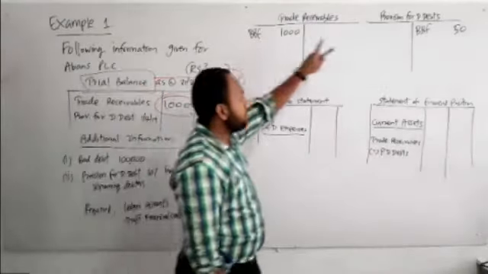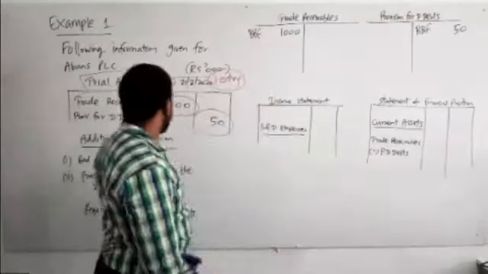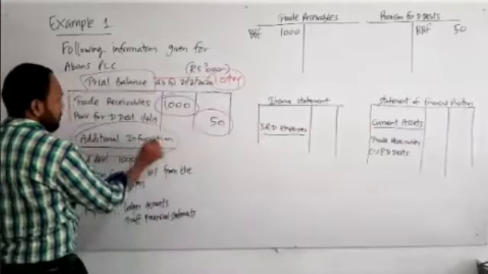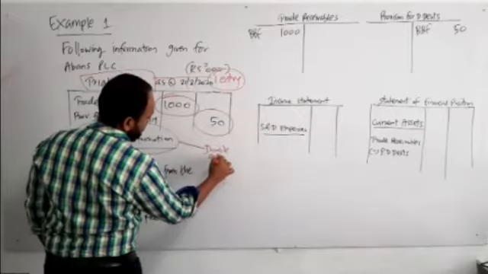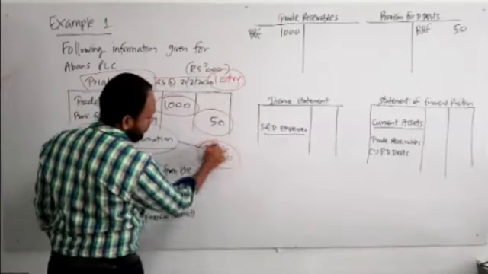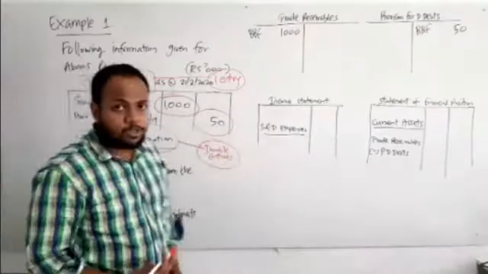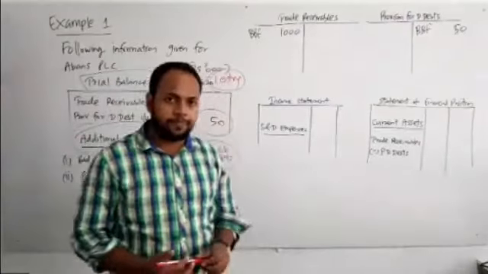But the additional information should be recorded as double entry, in two places.